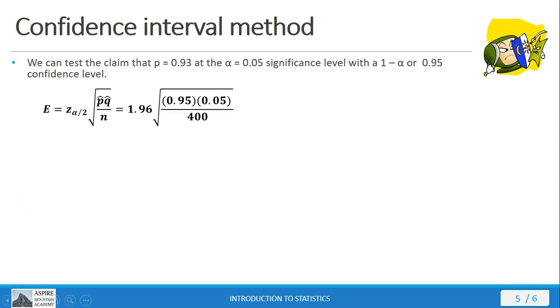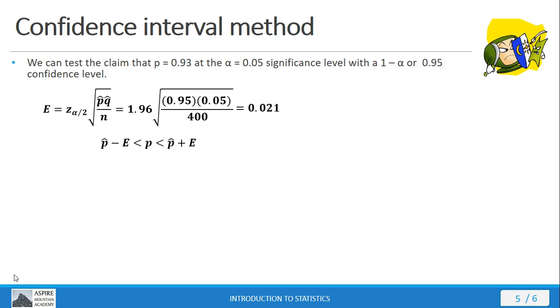Notice that the p-hat value that we're getting here, 95%, is coming from the previous mini lecture, where our sample proportion was 95%, which means the proportion of failure is going to be 5%, and then we have 400 as our sample size because there was a survey of 400 computers. So we punch those numbers into our calculator, and out comes 0.021.